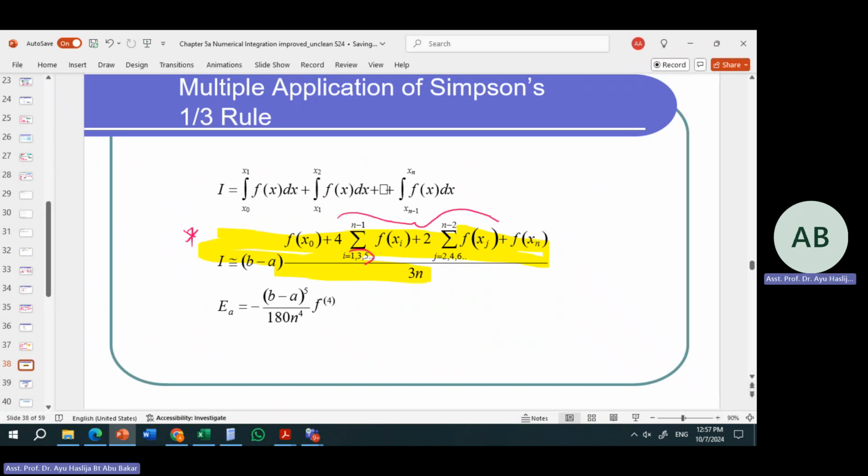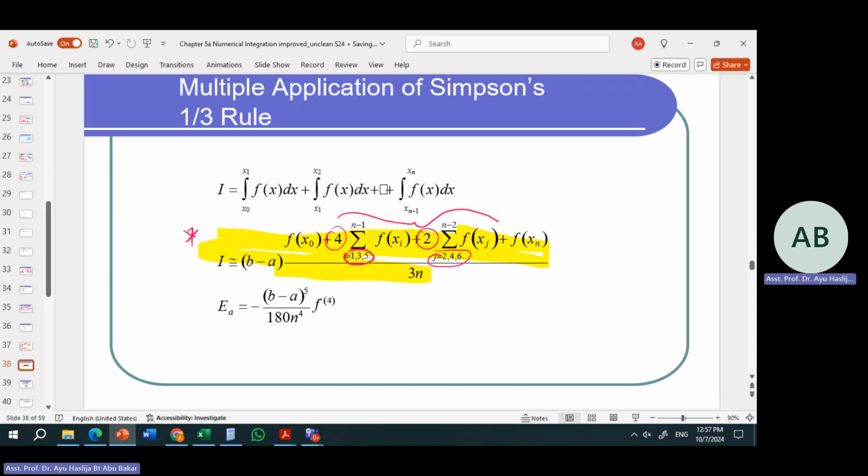The odd segment, multiply by 4. Okay, the even segment, multiply by 2. Okay, there are odd and even.